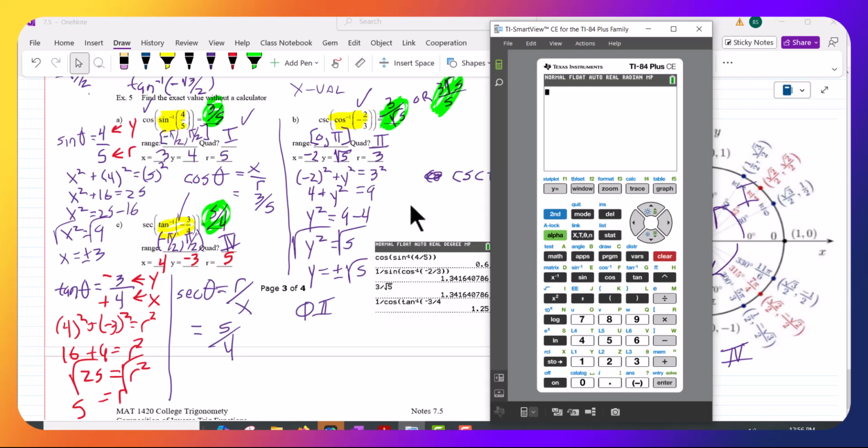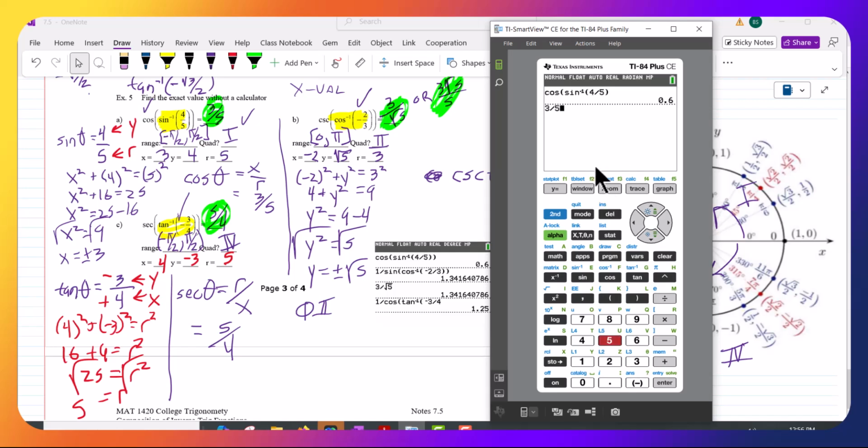I'm in radian mode right now, so it's real easy to check your answer. You can just go cosine of inverse sine of 4/5, and this will give you 0.6. Well, that's what 3/5 is. If you do 3 divided by 5, that gives you 0.6.